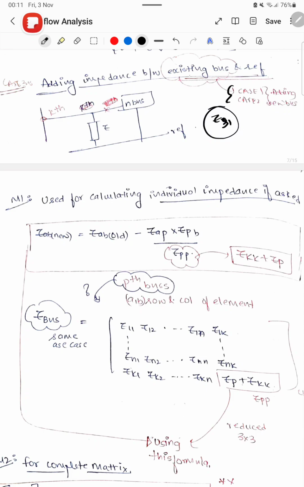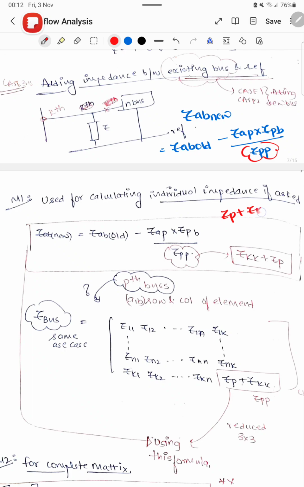If such a question comes where they are not asking for the complete new updated matrix after addition of impedance between existing bus and reference, and are asking only about a particular element, then you can use straightaway a formula, that is Zab new is nothing but Zab old minus Zap into Zpb by Zpp. Where Zpp is nothing but Zp plus Zkk.